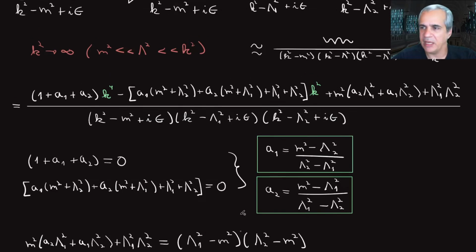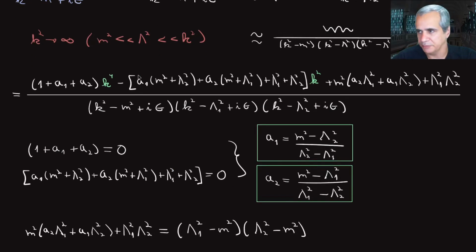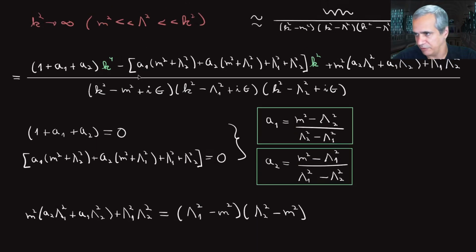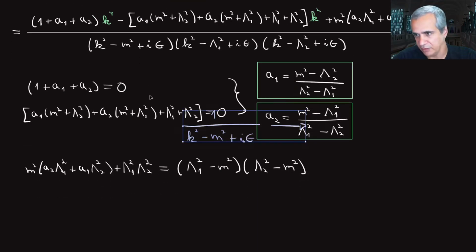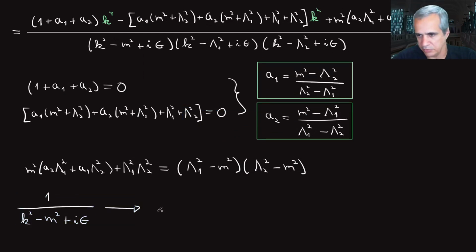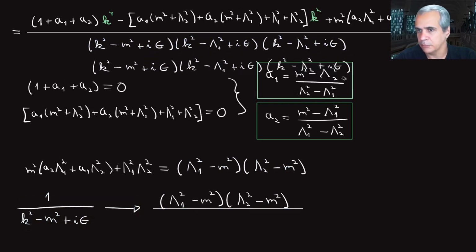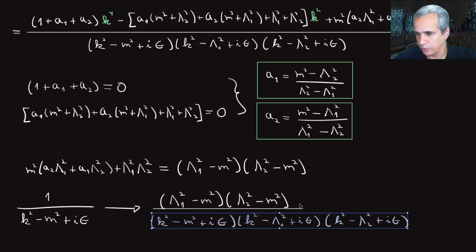So what I'm getting at is that this substitution is becoming something. Let me see if I can fit everything like this. So the numerator is this part, and the denominator goes here.